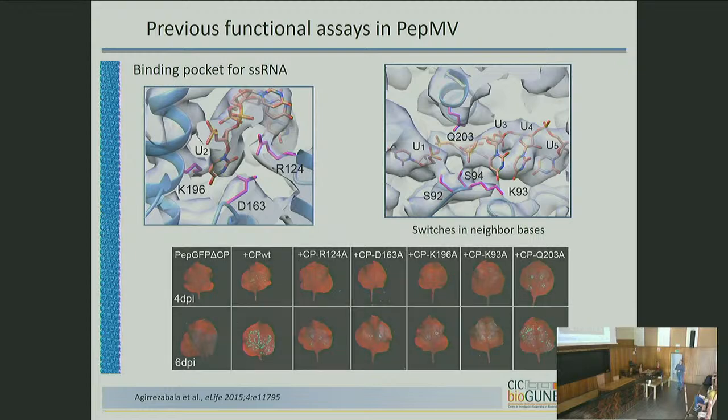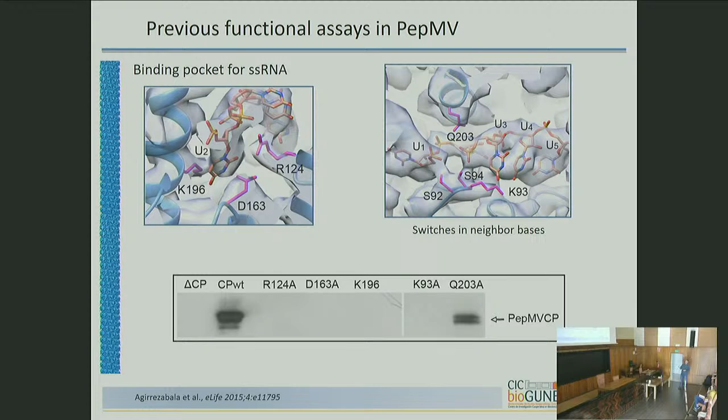Actually, you can try to purify viruses, and we only get some viruses for this glutamine and the wild type. So this interaction is really important for the level of interaction with the RNA and the movement of the virus inside the plant, and viral production. So functionally they are relevant.